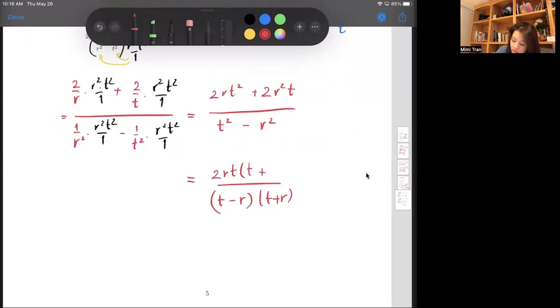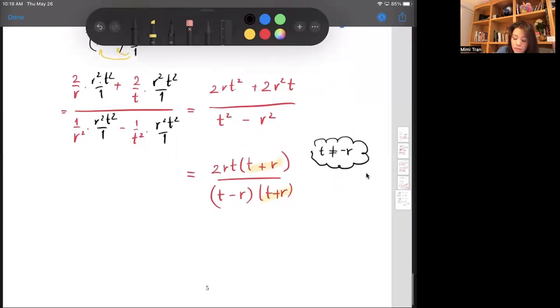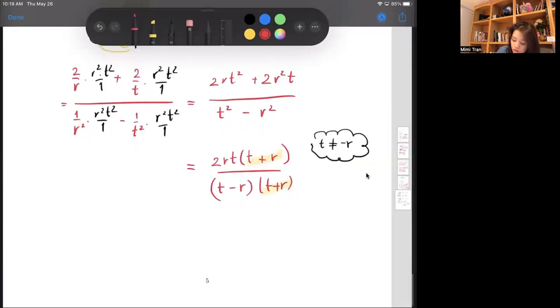And the second term, what's left is R. Now you can cancel T plus R. And of course, this is just good habit, as long as T is not equal to negative R. Otherwise, if T equals negative R, you get 0 divided by 0, which is bad. But again, I'm not going to require you to know this. I just have to mention it because later on, if some of you go to a higher level, they may require you to do that. So the final answer will be 2RT over T minus R.